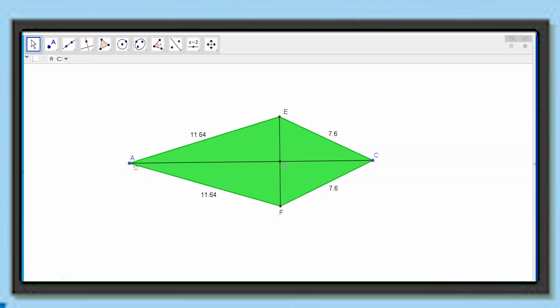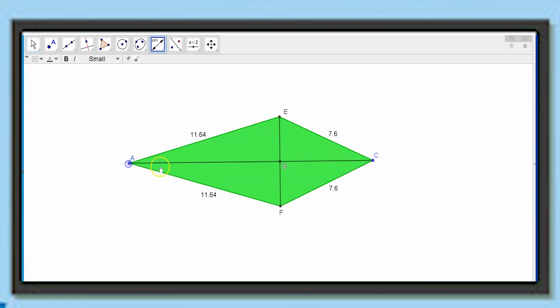Now, we shall go and try to explore the various properties of the kite, for which I have drawn the 2 diagonals, that is AC and EF. AC is the line segment connecting the 2 non-consecutive vertices A and C. EF connects the vertices E and F, and they intersect at this point G. Now, let us try to measure the segments AG and GC and find out what are their measurements.